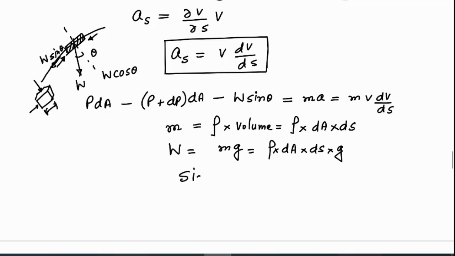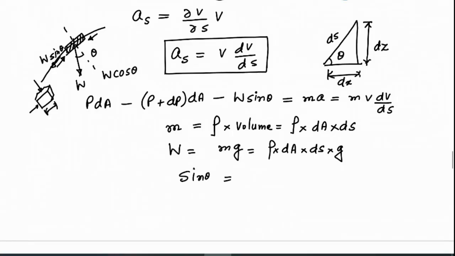And sin theta will be, if you see this, in this case this angle is theta, and this length is dx, this length is dz, and this length is ds. You can verify yourself also.